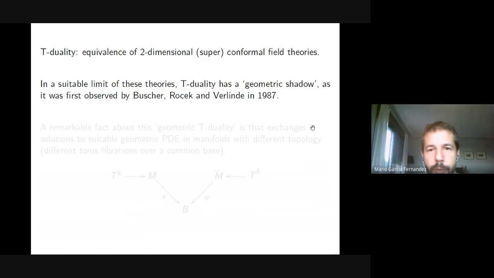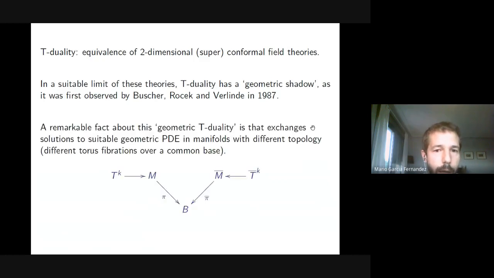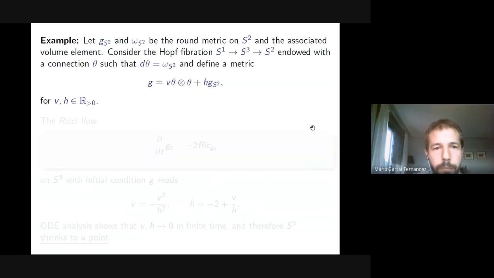Okay. So T-duality has this geometric shadow discovered by the physicists in the 80s. And the beautiful thing is that it exchanges solutions to suitable geometric PDE on manifolds with different topology. Okay. So what I'm going to consider here is a very basic situation where the fibrations are given by principal torus bundles.